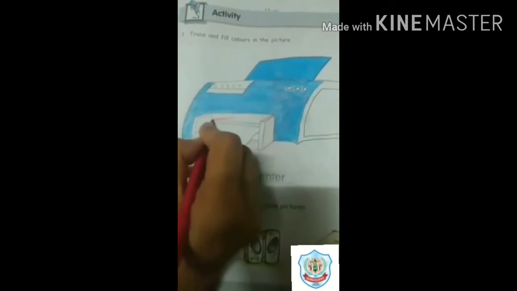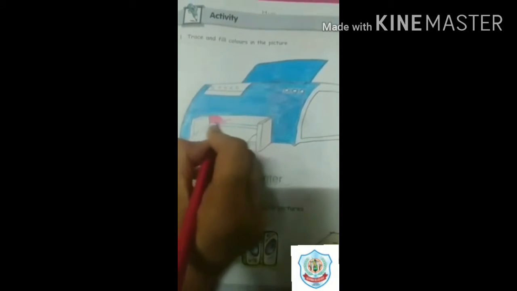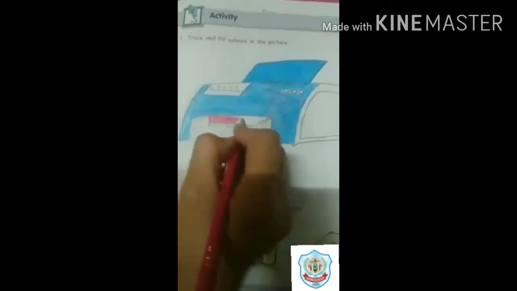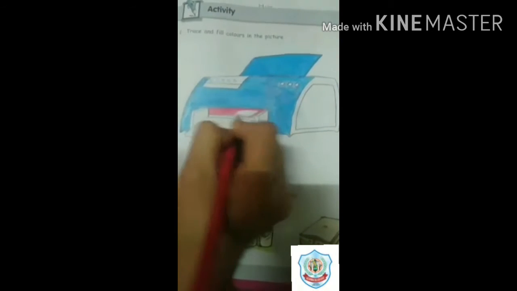Now I will fill pink color in this portion of the picture.